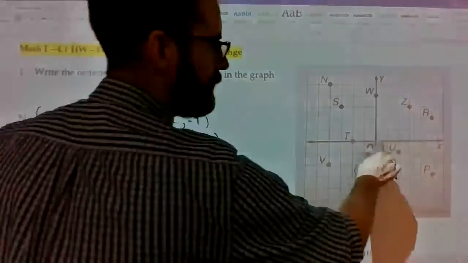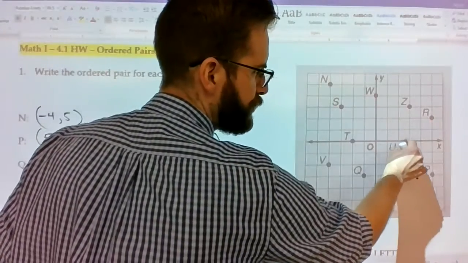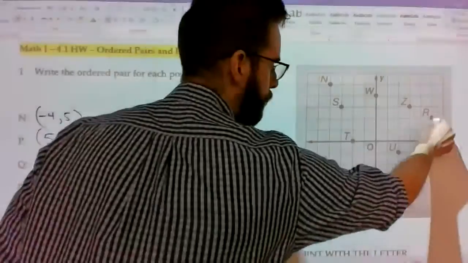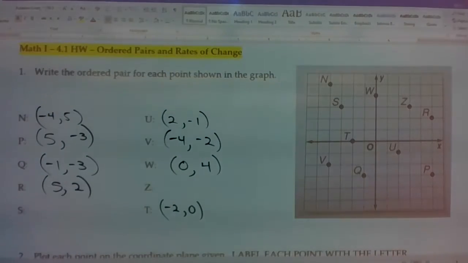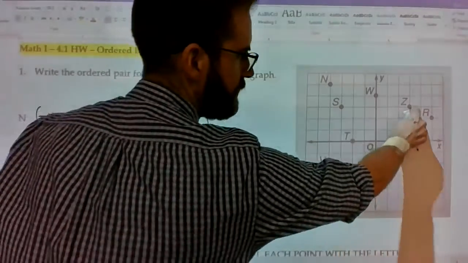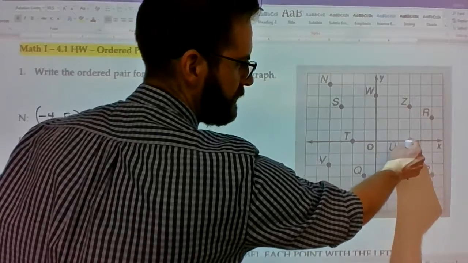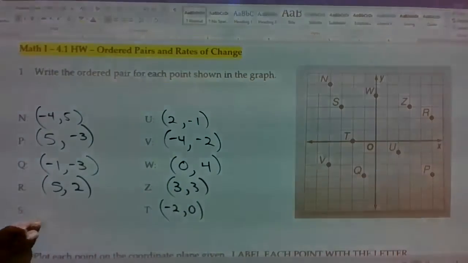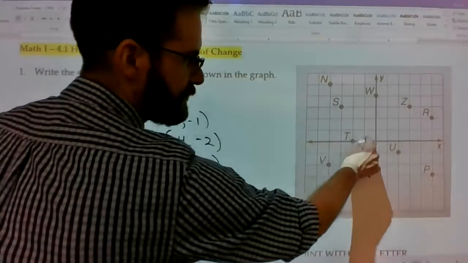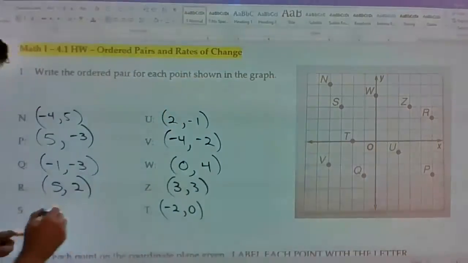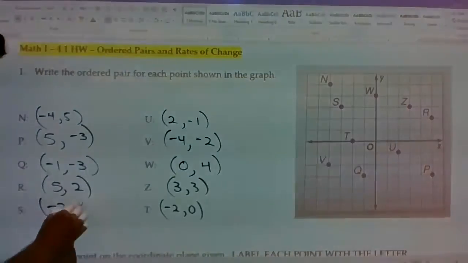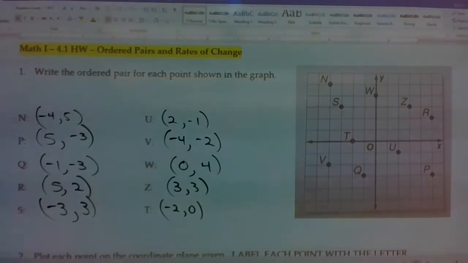R is right here, over 1, 2, 3, 4, 5, right 5, and then up 1, 2. Z, right 1, 2, 3, up 1, 2, 3. And then S is going to be left 1, 2, 3, up 1, 2, 3. So there's number 1.